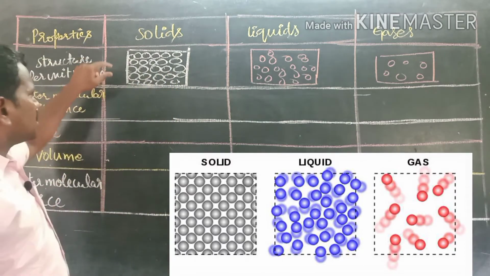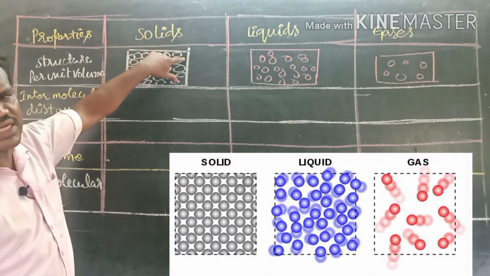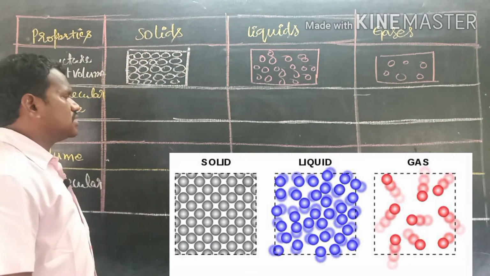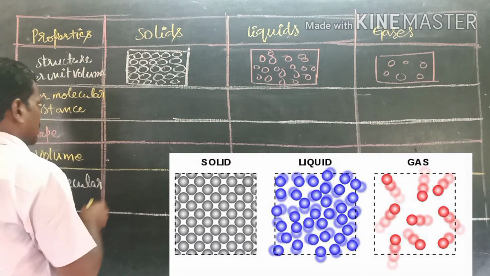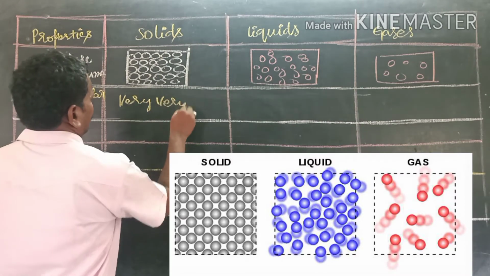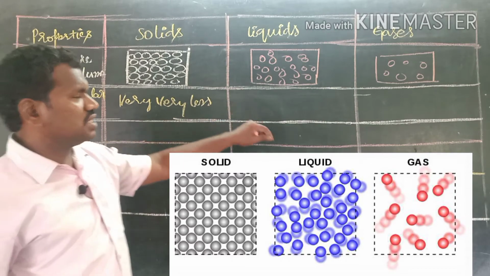In the case of solids, all the particles are very closely packed. This means intermolecular distance is very less. Now let us come to the liquids.